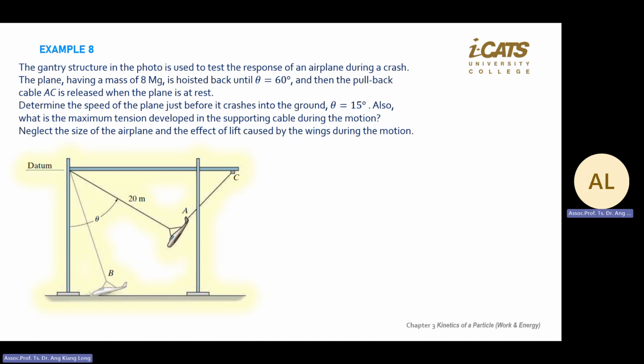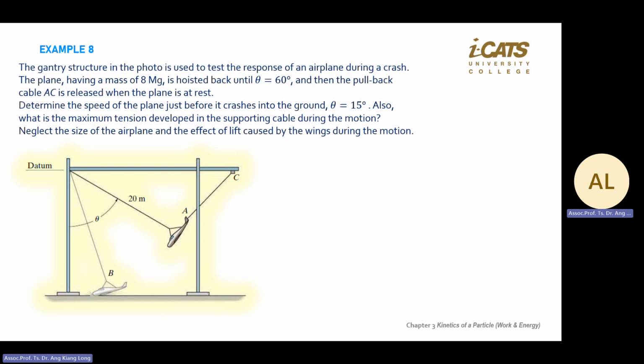Also, what is the maximum tension developed in the supporting cable during the motion? Basically, this one is your free body diagram. Ignore the size of the airplane and the effect of lift caused by the wing during the motion. So you take out the lift effect. It's only a dynamics question.